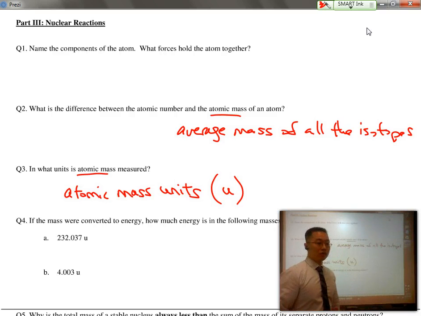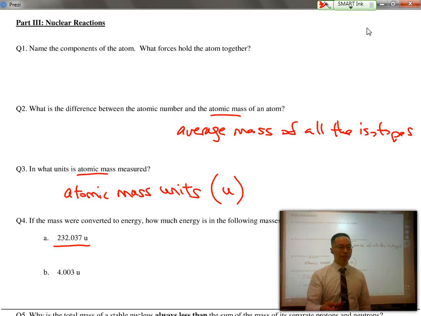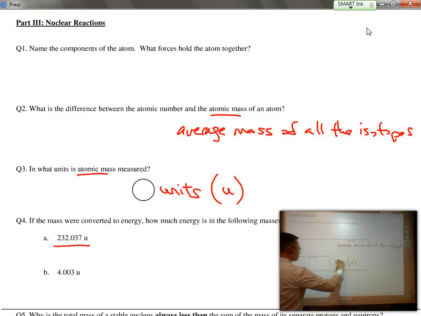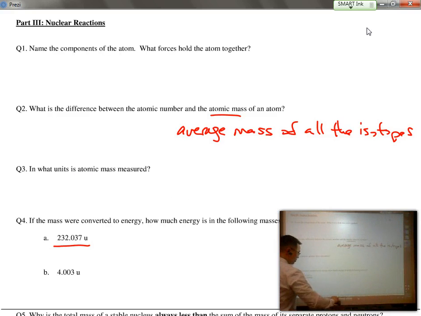So when I look at the number here, 232.037 U, that would be the mass of, I believe, uranium. It's also good to keep in mind the conversion factor.